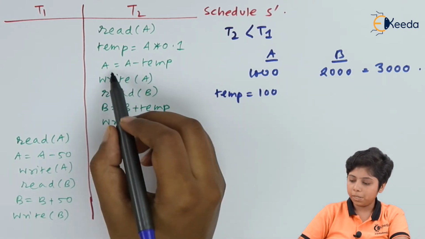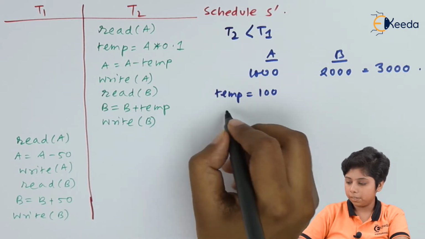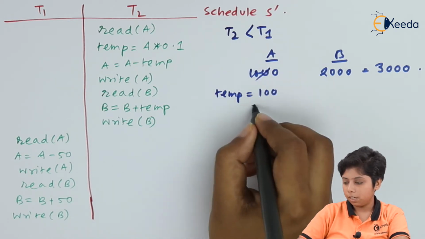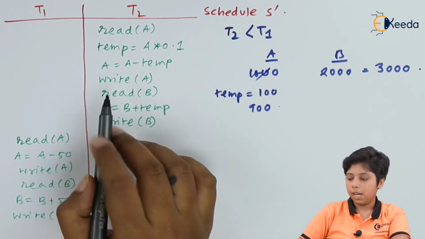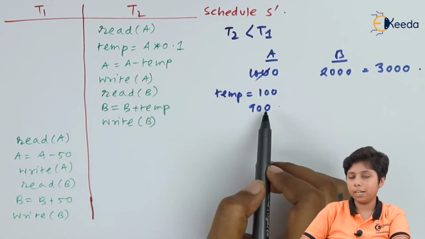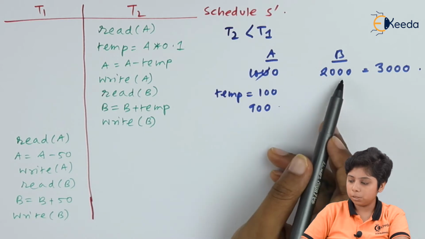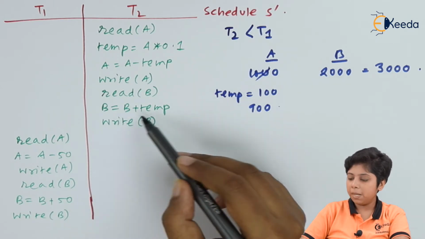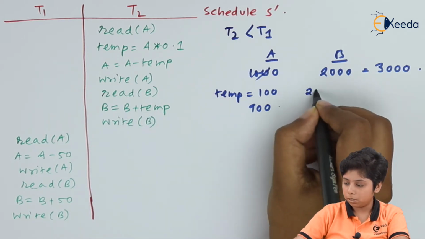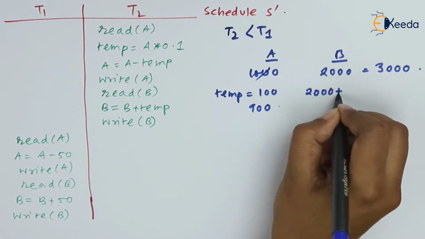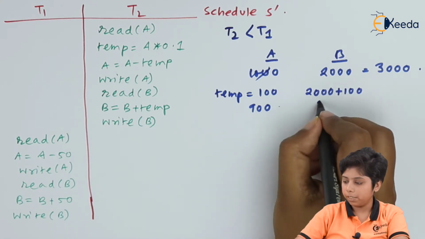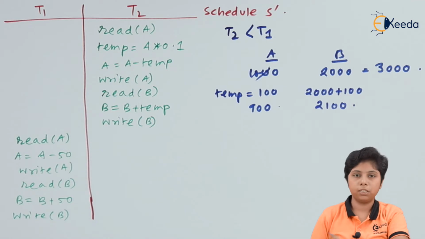Now we are performing A equals A minus temp, so my A becomes 900 now. And then we are writing the data to A, that means A becomes 900 on the database. Now we are reading this B, that is 2000. B equals B plus temp, that means 2000 plus 100, that is 2100 now.